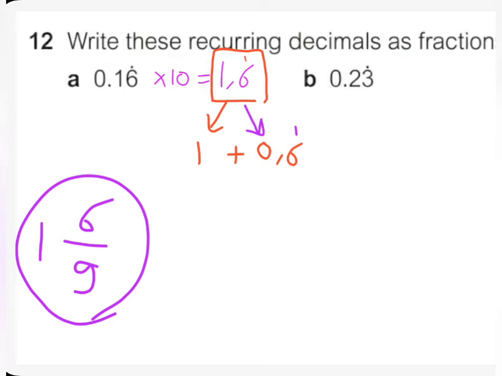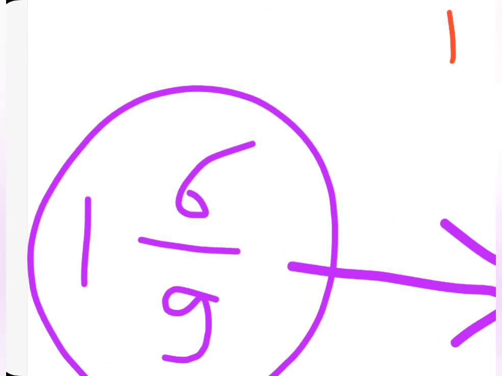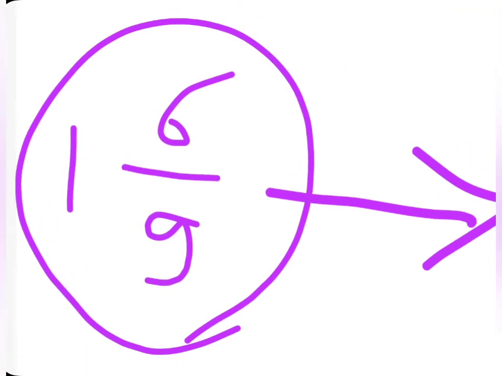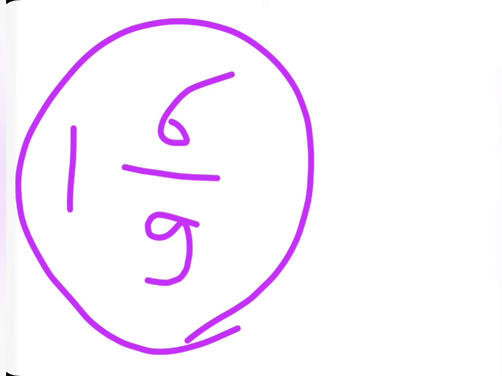Before dividing by 10, turn the mixed number into an improper fraction. How do we do that? It's very easy. You multiply the whole number by the denominator and then you add the 6, and you keep the same 9 down here.